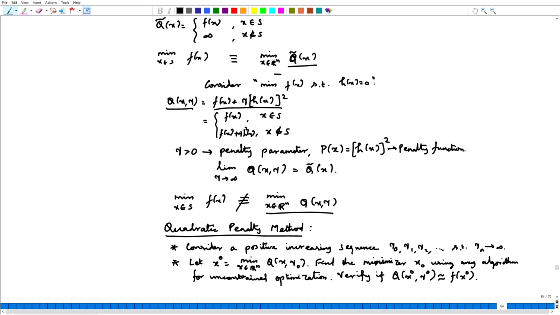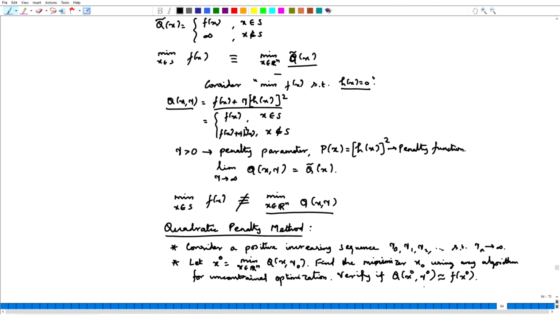That means the point that you are considering is very close to the constraint set, because the constraint set satisfies h of x equal to 0. If h of x the whole squared is very close to 0, that means x is very close to the constraint set. So, if the condition is satisfied, you stop. If q of x naught comma gamma naught is very close to f of x naught, then you stop.